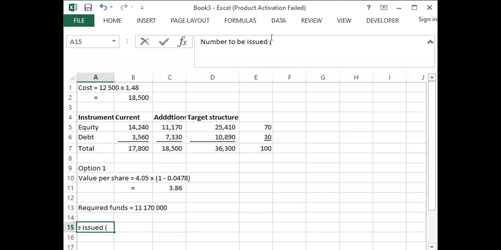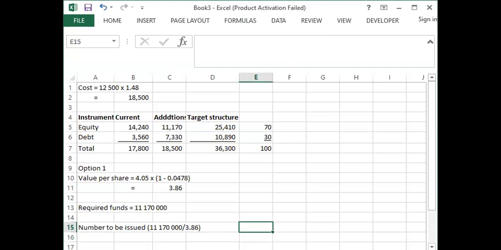I think it's going to be easier if we put it as 11,170,123 divided by the value per share, which is 3.86 there. So after dividing here, we will get the number of shares that need to be issued in order for us to get this full amount of money.